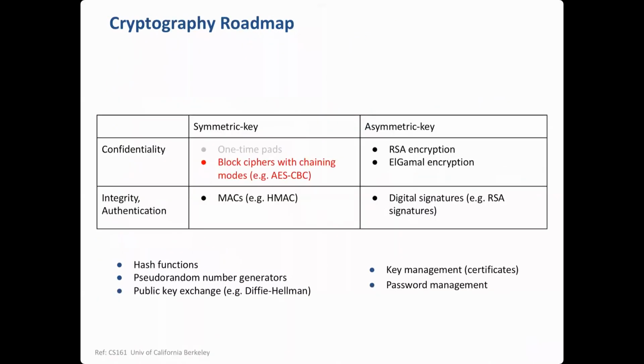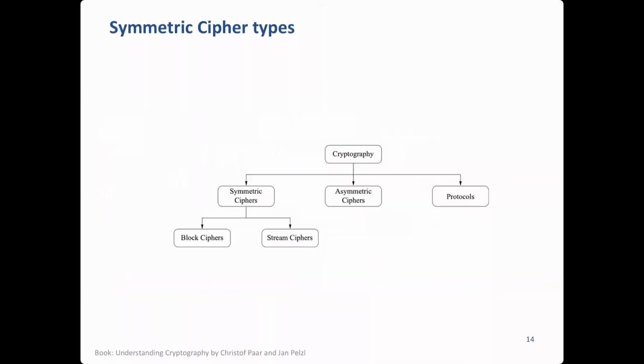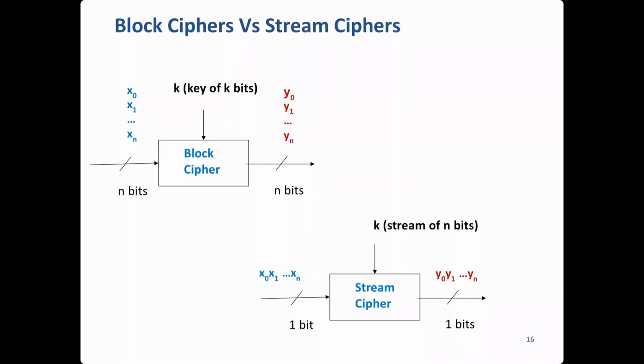So this is where we are, and today we will study block ciphers. Here are the cryptography cipher types: symmetric cipher, asymmetric cipher, block cipher, and stream cipher. What we are studying is block ciphers. Now look at these two diagrams. One is a block cipher, the other is a stream cipher. A cipher is nothing but an encryption function or decryption function.